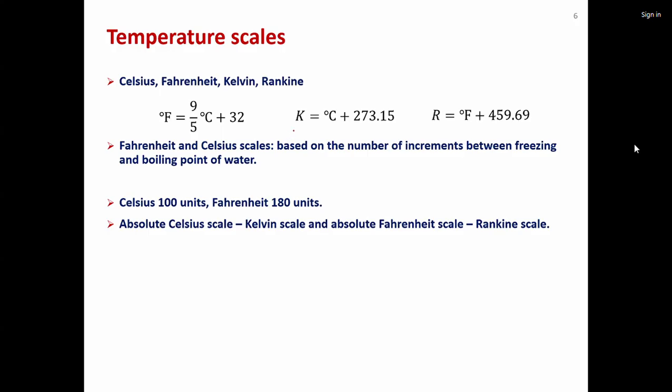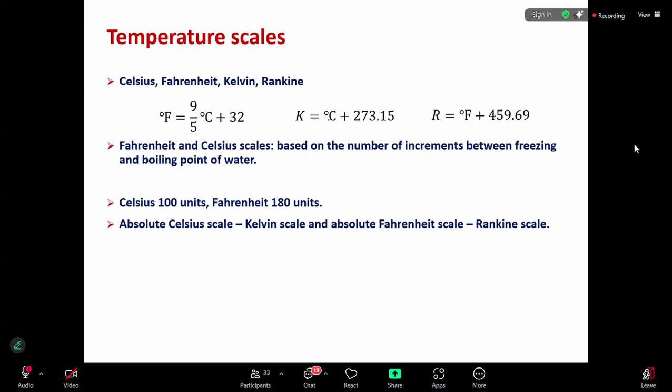Kelvin is basically degree centigrade plus 273.15. So you talk about absolute zero temperature. Absolute zero temperature here is the temperature at which the reading will be 0 degrees Kelvin. That means in terms of centigrade, it will be minus 273.15 degrees centigrade.